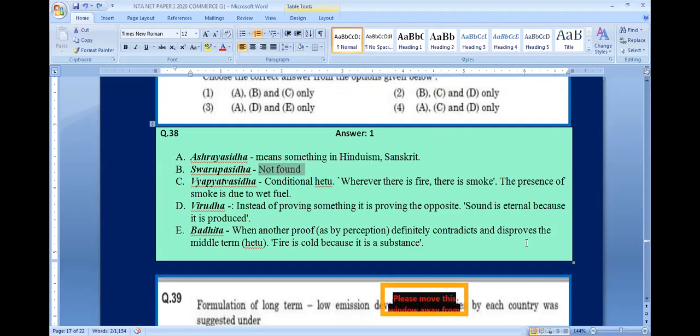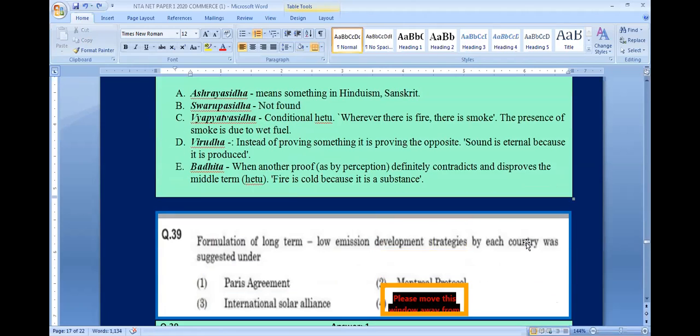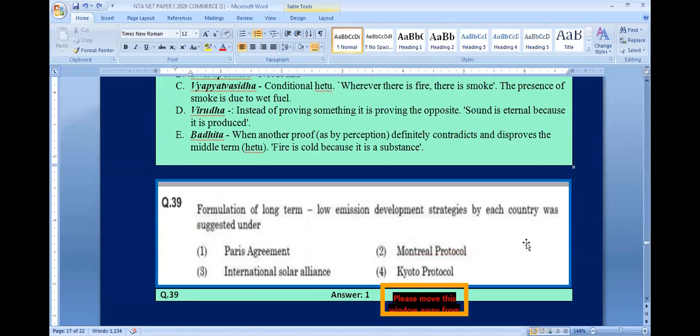Remaining, you can go through later on. Thanks for the participation. See, where there is smoke, there is fire. That is true. But where there is fire, there is smoke may or may not be true. It depends on the case. You cannot say always yes.